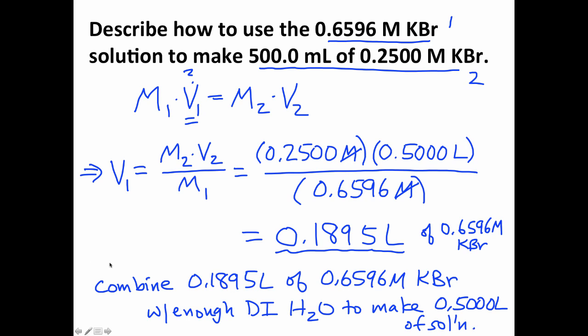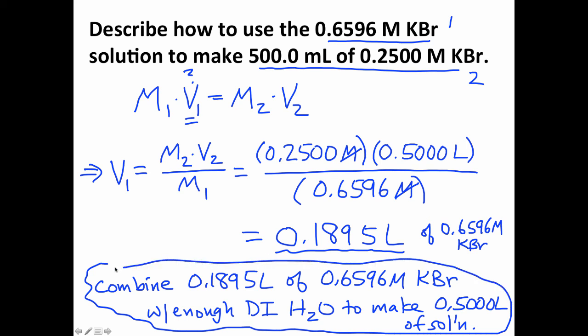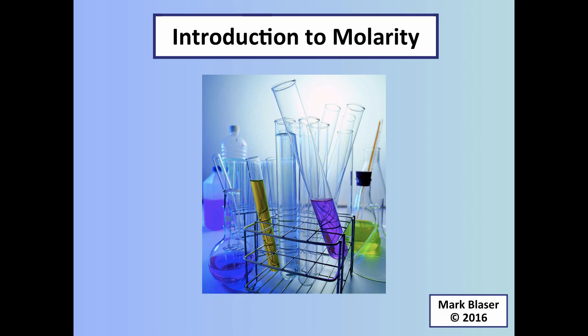So that is our final answer for the description of how to do this, and of course it agrees with what we did previously. And that's it for an introduction to molarity.